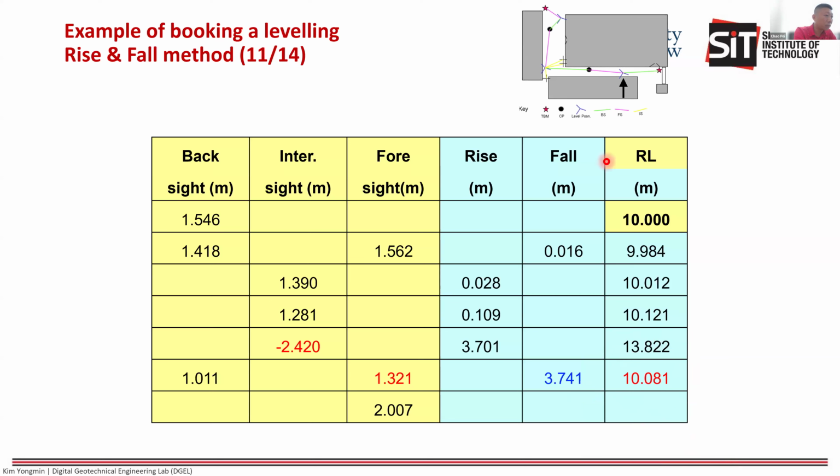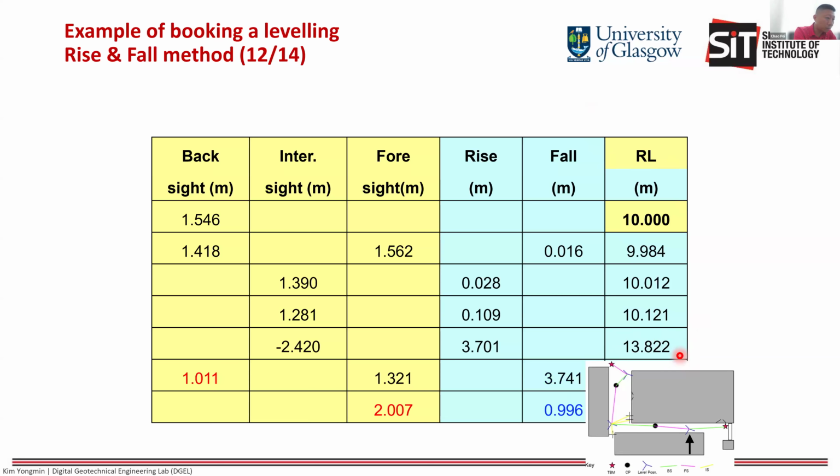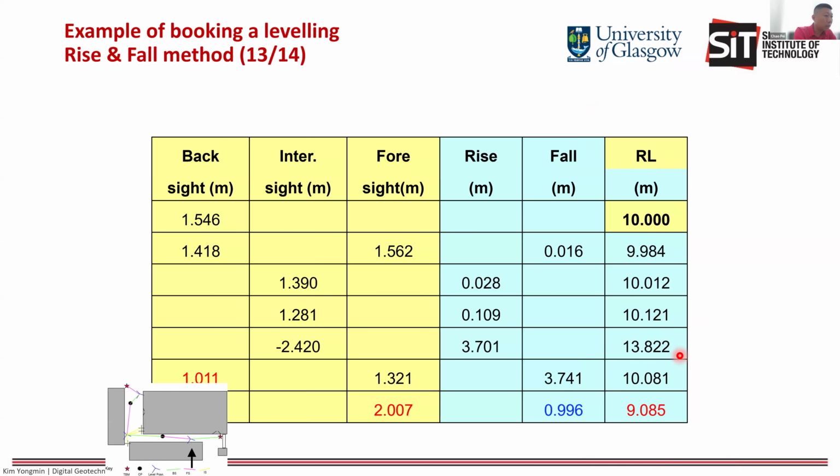That's the second change point reduced level. So you follow the same procedure. In the end, you get your last point, calculated surveyed level, 9.085.